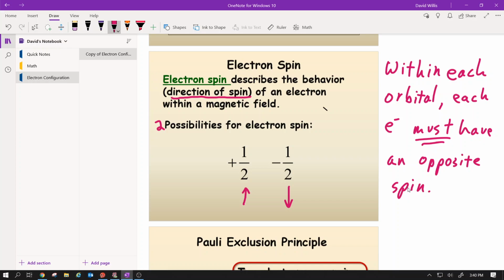Within each orbital, each electron must have an opposite spin.